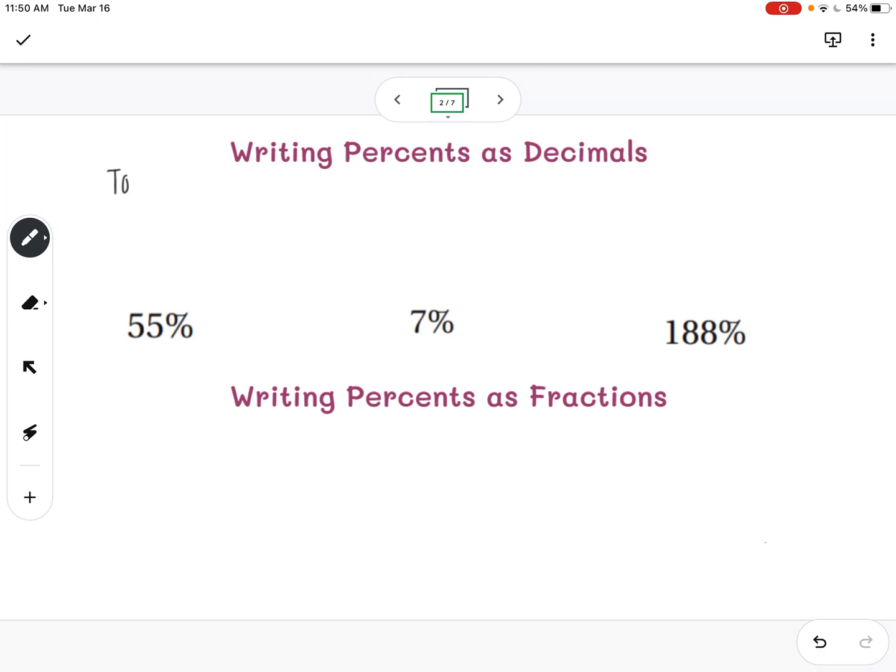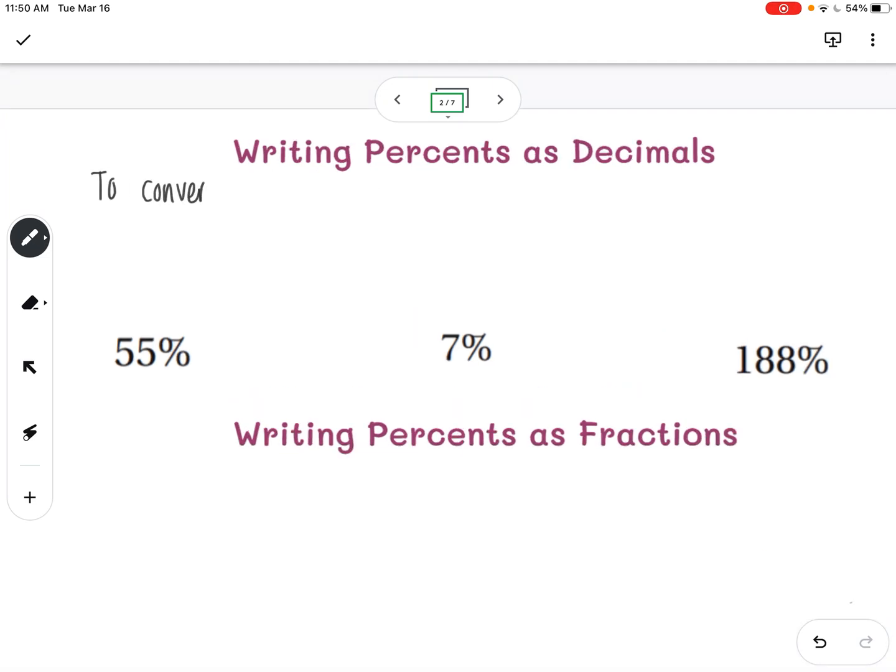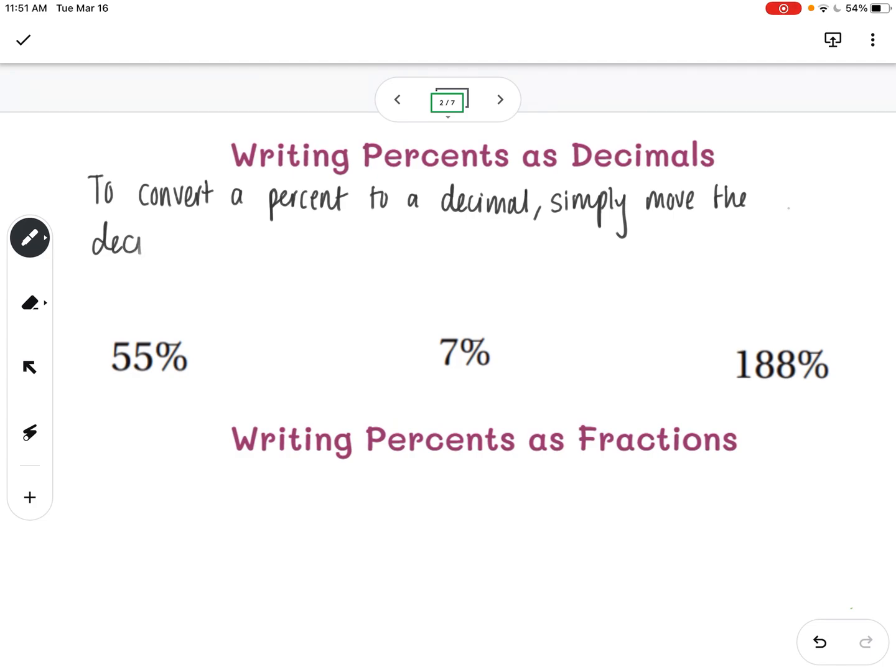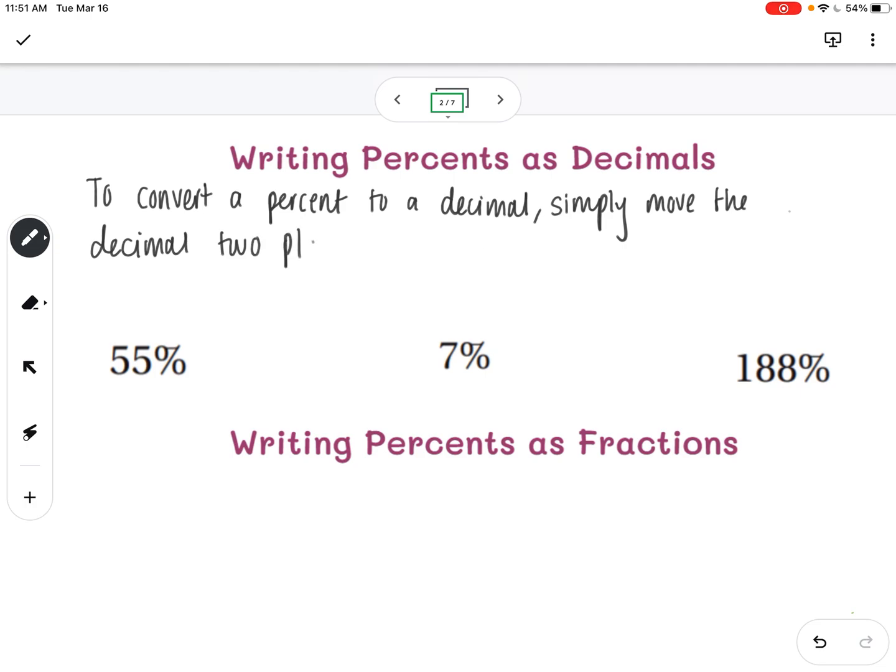To convert a percent to a decimal, simply move the decimal two places to the left.